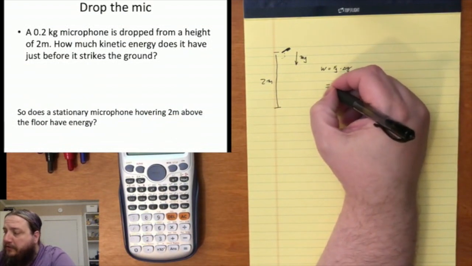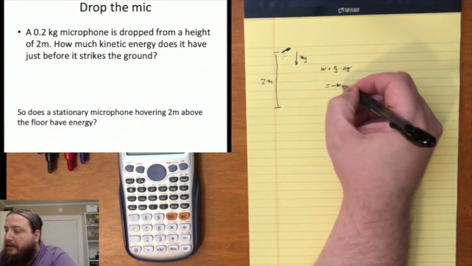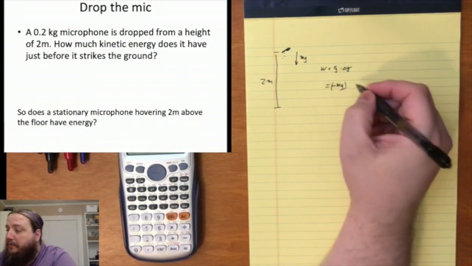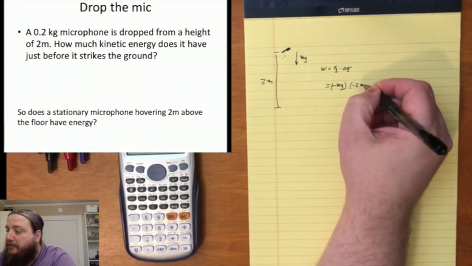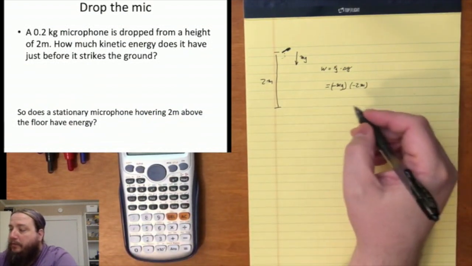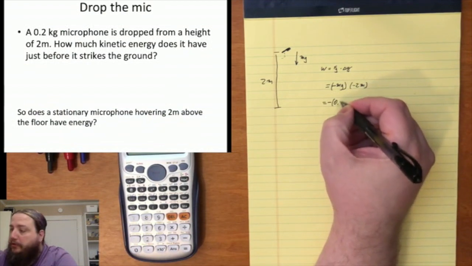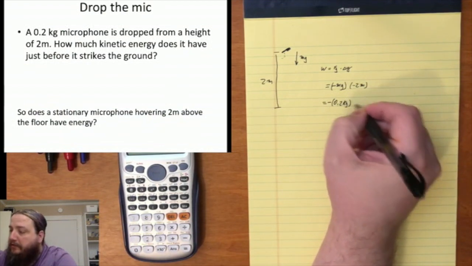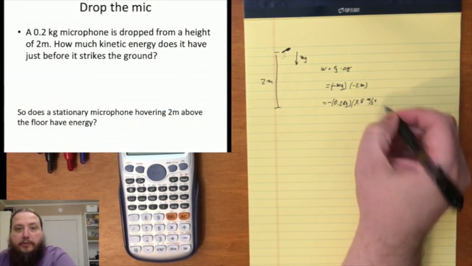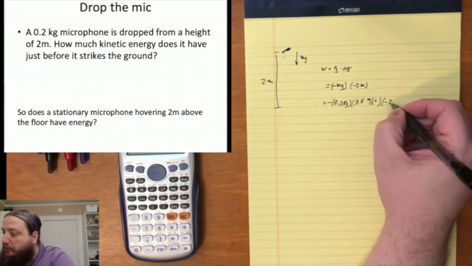The force is equal to minus mg, so it's in the negative direction. The displacement is minus 2 meters, and so the work done then will be minus 0.2 kilograms times 9.8 meters per second squared times minus 2 meters.